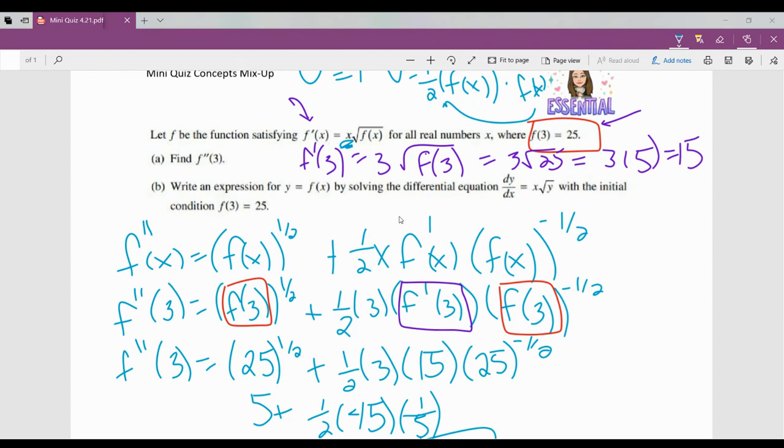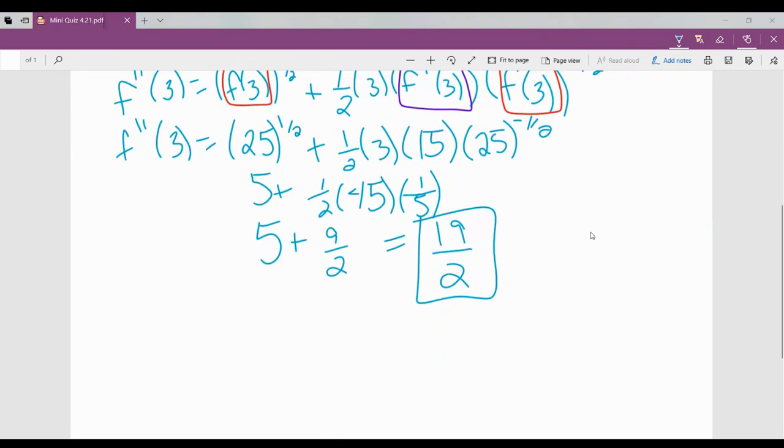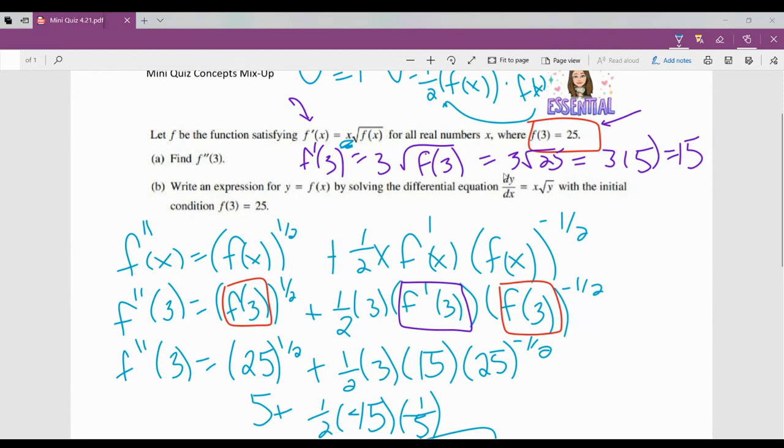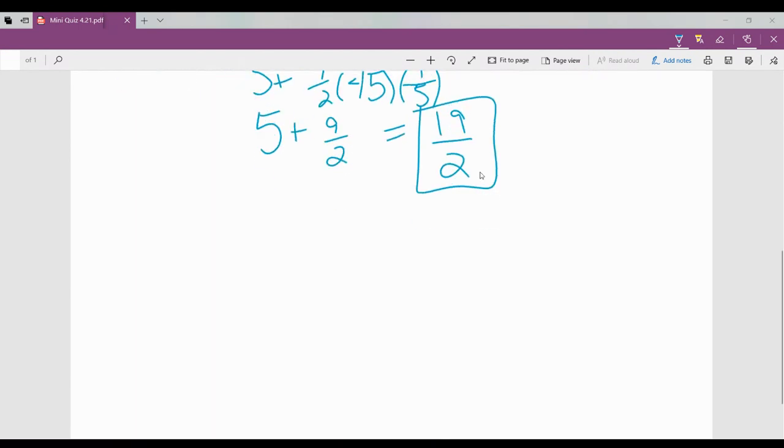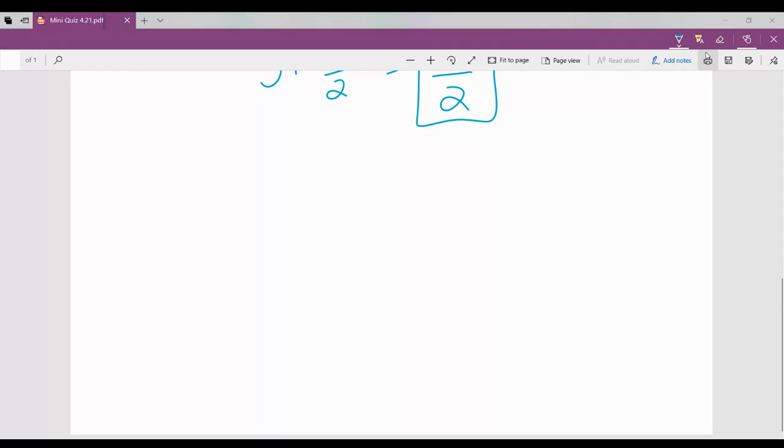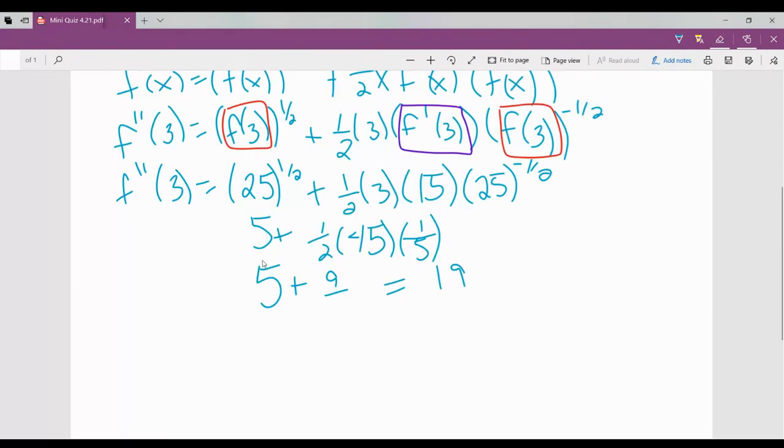Okay, on to B. We are going to need to separate the variables with B. All right, so we've got dy dx equals x times the square root of y. Okay, so I'm going to just erase these last couple steps so I have some space to do this, because I have a feeling that I write really large.